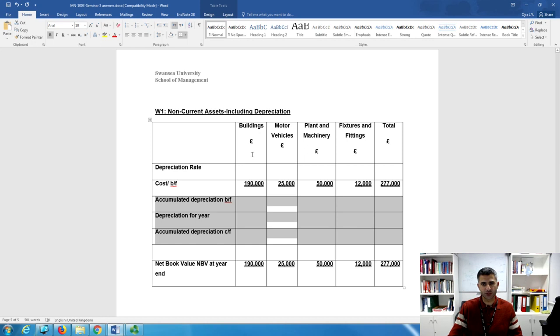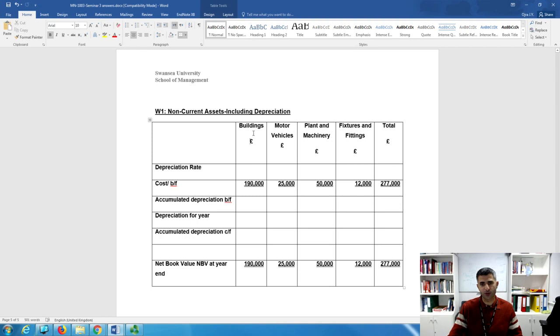But at the moment, what you need to know is you need to do workings, and you need to call it non-current assets, including depreciation, and you need to list all the non-current assets, including buildings, motor vehicles, plant and machinery, and fixtures and fittings.